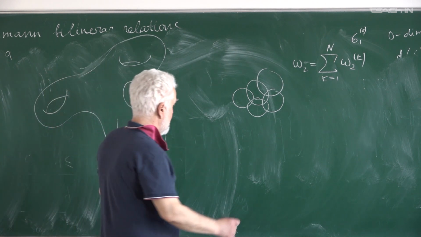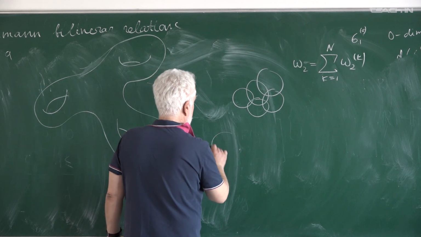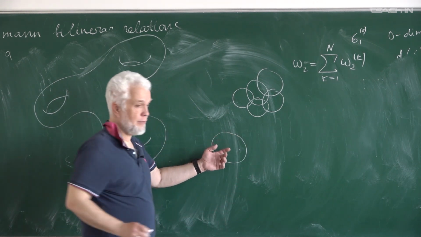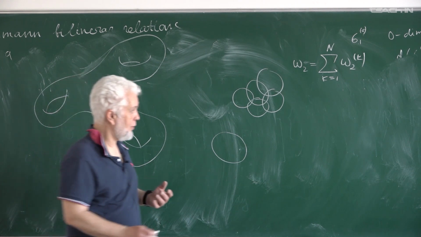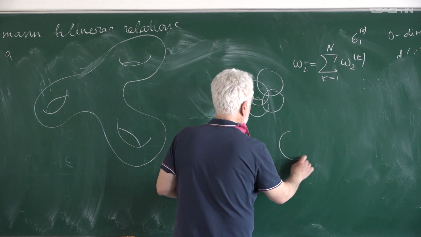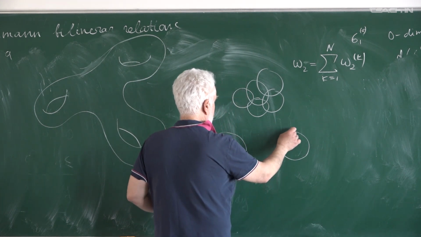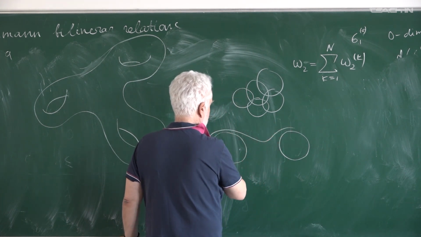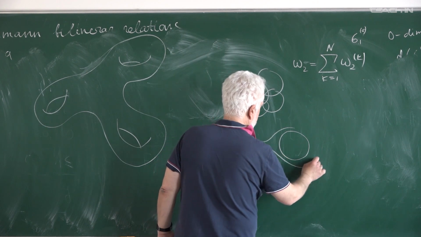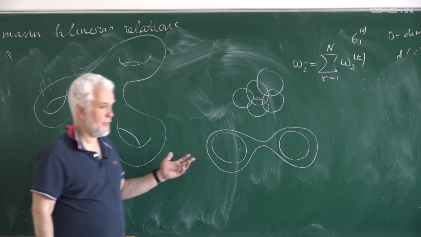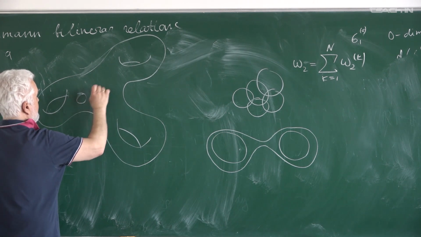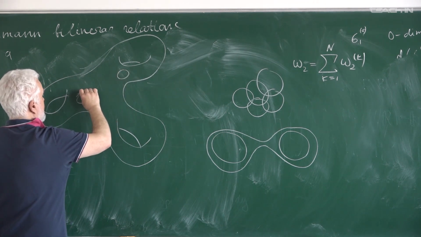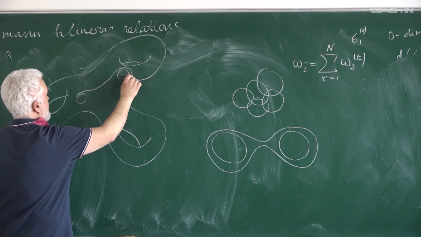Choose some neighborhood. We have two form areas. Then on the Riemann surface we have two areas, and we can draw some slices.